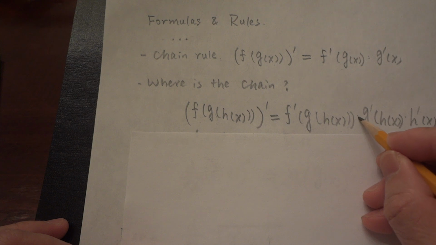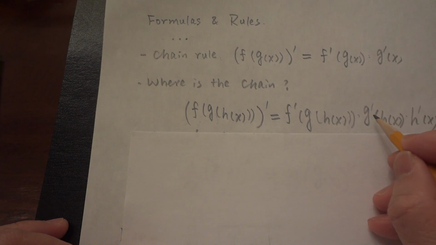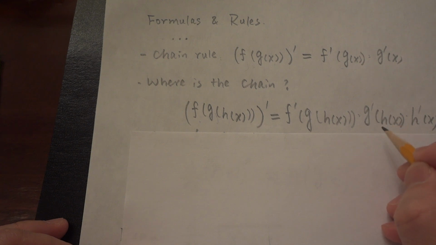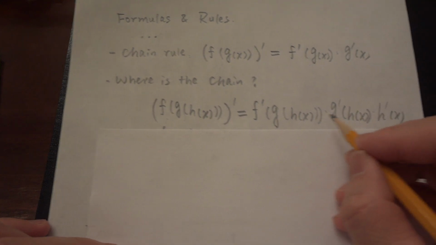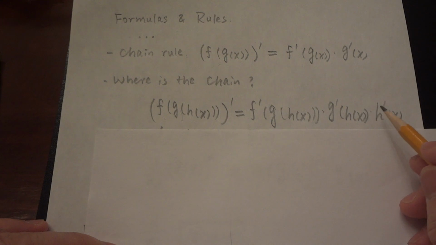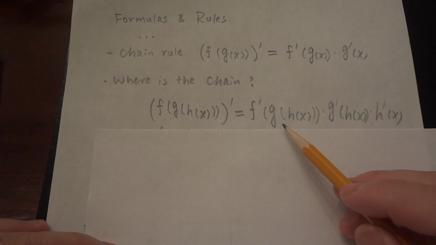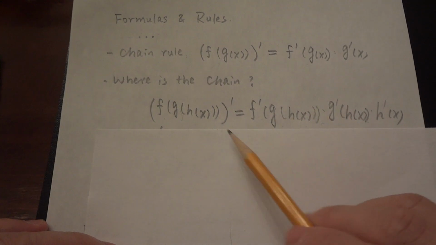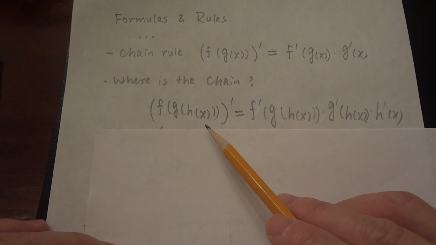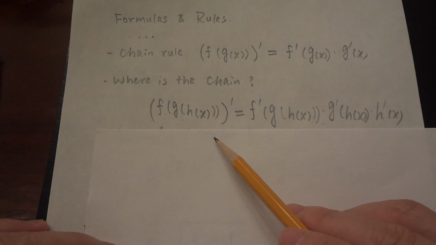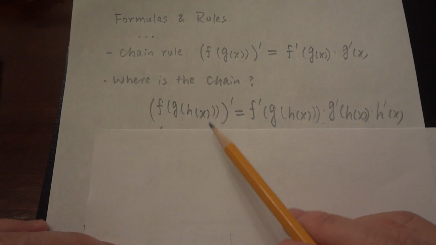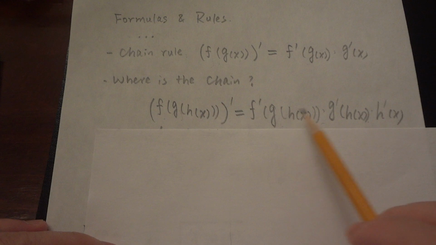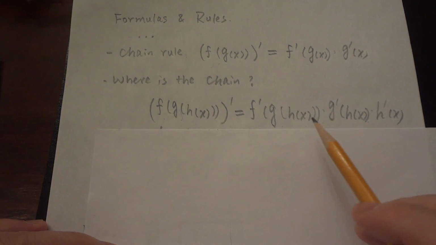Take that and multiply by g prime at h(x), so g prime(h(x)), and then multiply by h prime(x). Therefore, you see a product of three different terms when you have three functions composed with each other. And you can imagine if you have four or more, you're going to have more and more products. And therefore, that is called the chain rule.